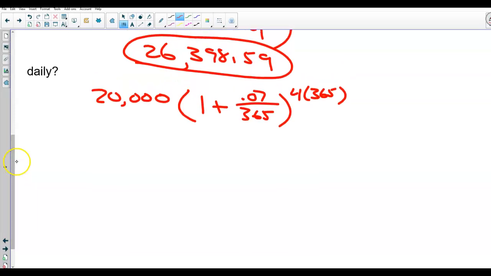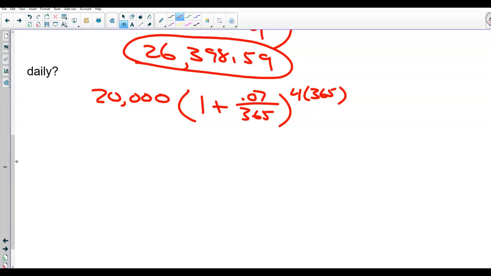So in my calculator, I'm going to go 0.07 divided by 365. That might give me a number with an E on it. Doesn't matter. Whatever it is, don't round it. Add 1 to it. And now we're going to raise that to 4 times 365. You might not be able to do that in your head. So I would raise that answer to parentheses 4 times 365.